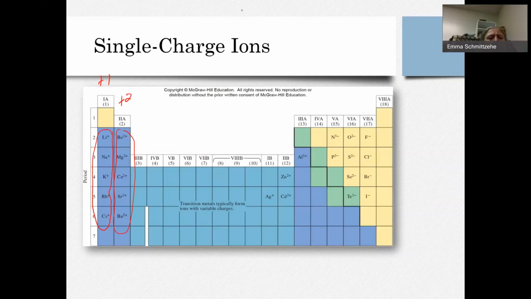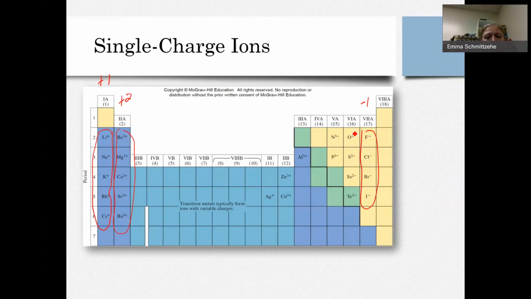Anyway, so group one and group two, they only have one charge, and so those would be named with the basic systematic of name the element and add ion after it. Whereas if you go over to the non-metals, you could look at all of the halogens, those all have a -1, right?